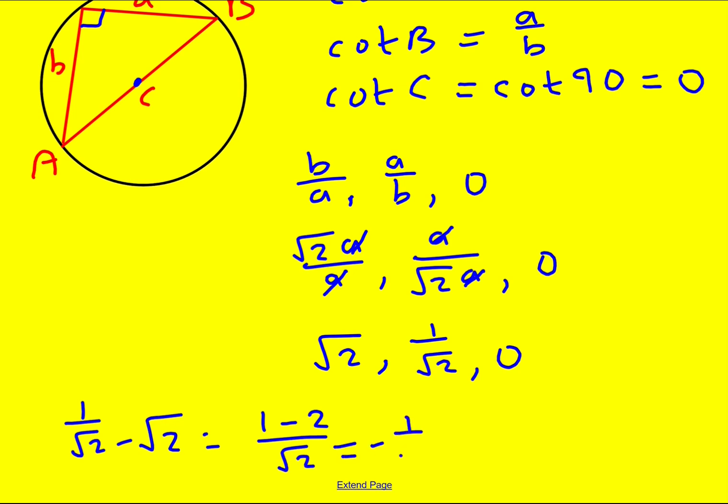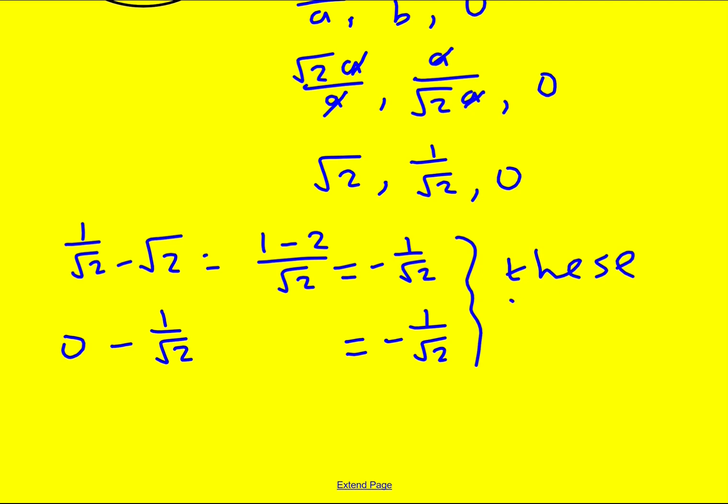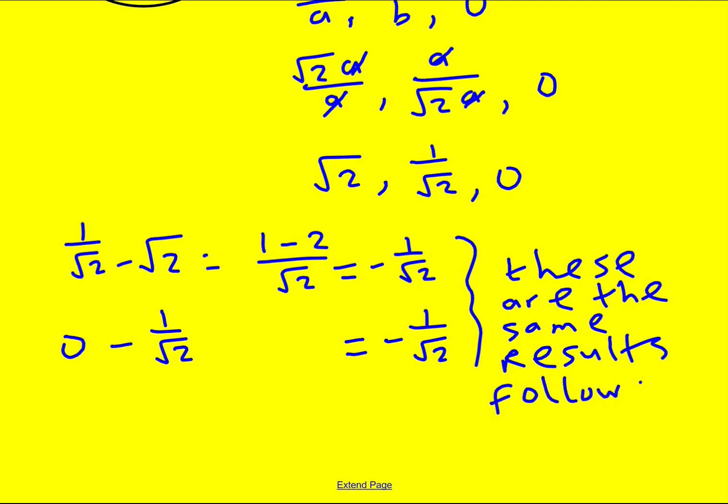It's minus 1 over root 2. And 0 minus 1 over root 2 is the same. Okay, we've shown that cot A, cot B, cot C form an arithmetic series. Nice one.